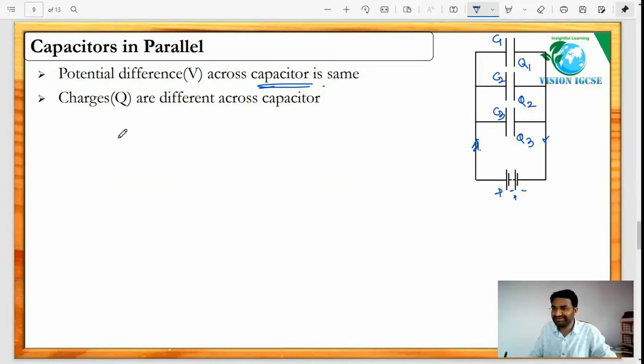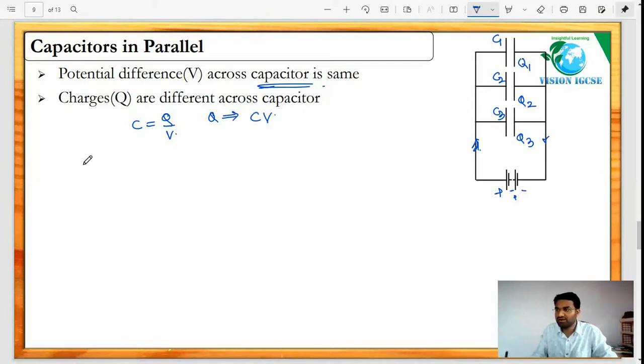Okay, so again the same formula, C is equal to Q over V. Here the charges are different. Just rearrange this formula: Q is equal to C times V, right?